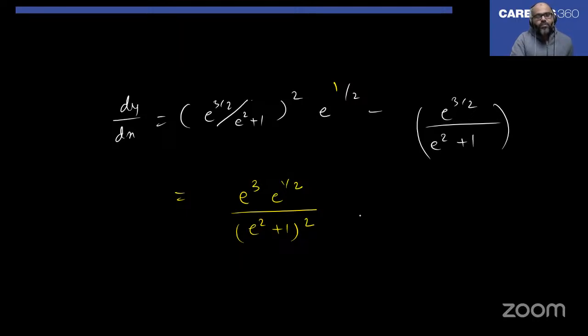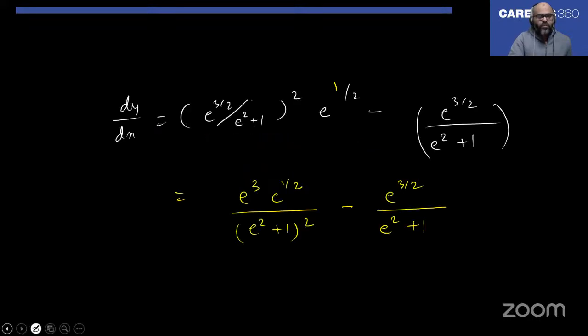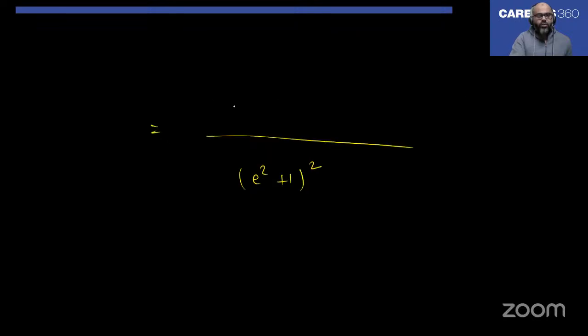Okay, minus e to the power 3 by 2 by e square plus 1. Fine. Now if we take the LCM, we will get e square plus 1 whole square. E to the power, this will become 7 by 2, e to the power 7 by 2.